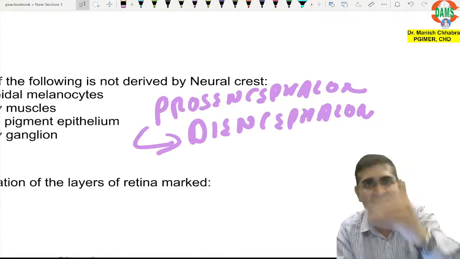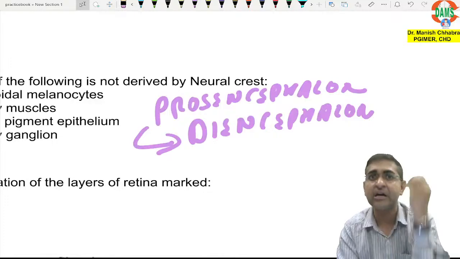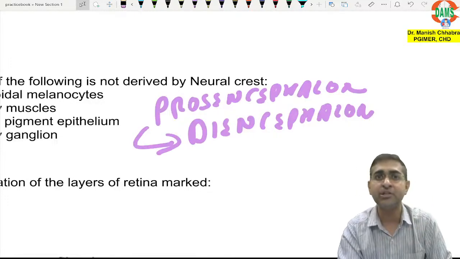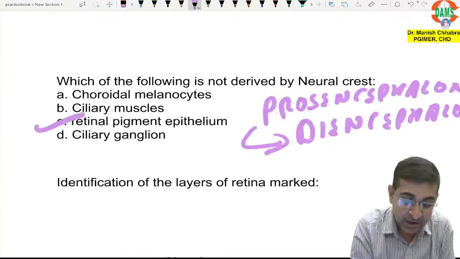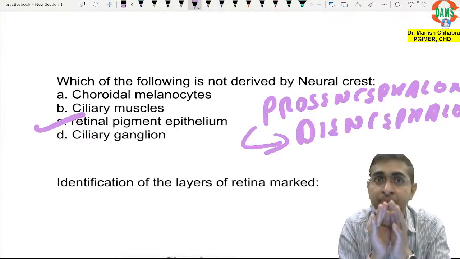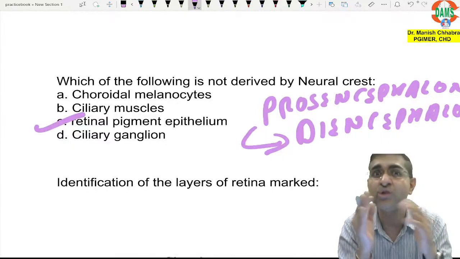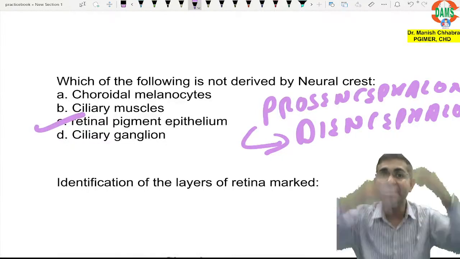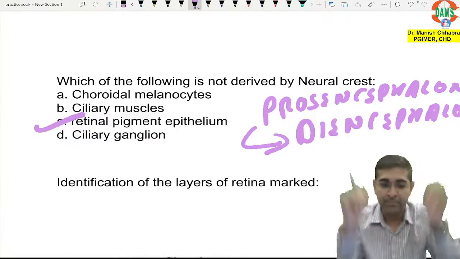And you know there are 10 layers of the retina, and one of those layers is the retinal pigment epithelium. So retinal pigment epithelium should also develop from the neuroectoderm. Why? If you are planting a guava tree, you are not going to get mangoes out of it. So the tree means the root: prosencephalon, diencephalon, optic stalk and optic cup.